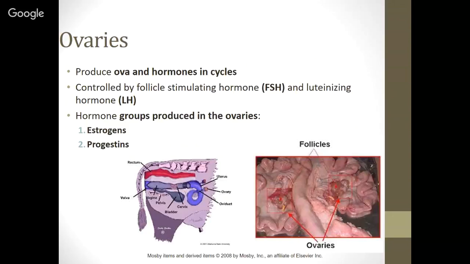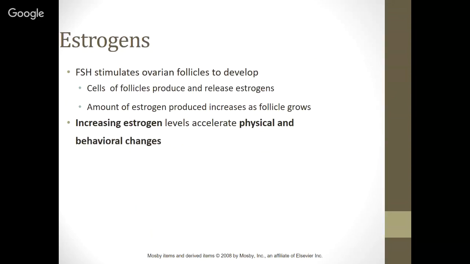And they're produced in a certain order to maintain the cycle of reproductivity, so that we know when an animal is ready to be bred. And we can actually measure these hormones to give us a better idea, and we can manipulate them as well to give us a better idea of the best time to breed an animal.